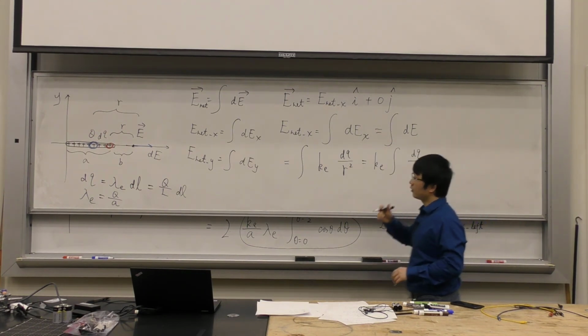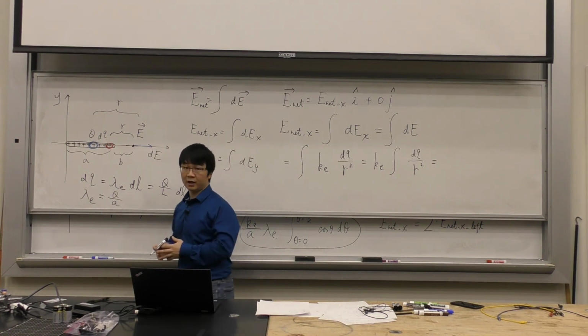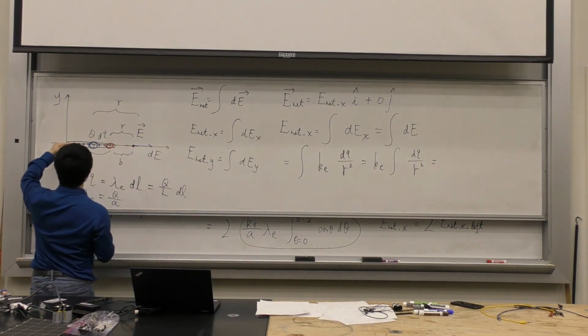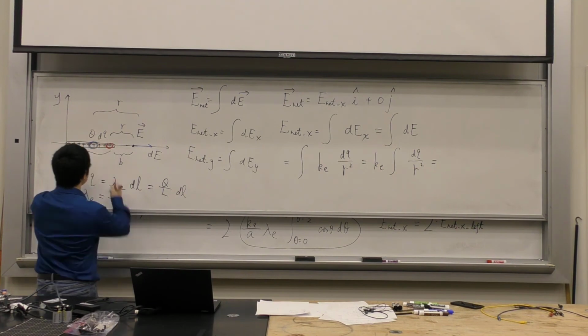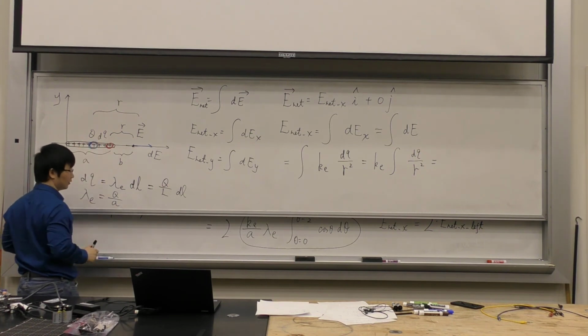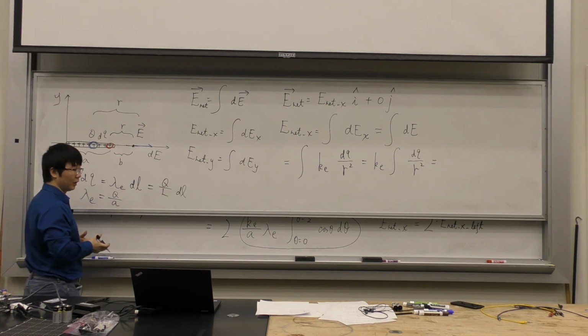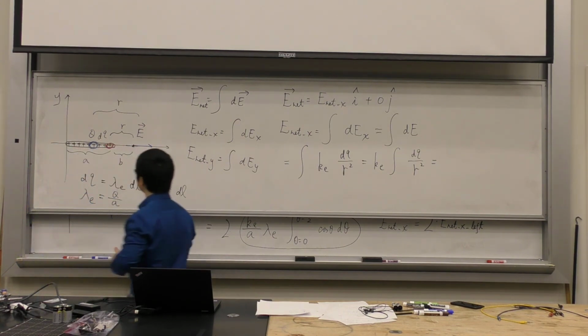And then this dl, in this case you can write as dx, right? Because this guy is on the x-axis, so the length of this small piece is just going to be dx. It's just the length in the x direction, okay? Because it's not an arc. It doesn't have an angle with the x-axis.